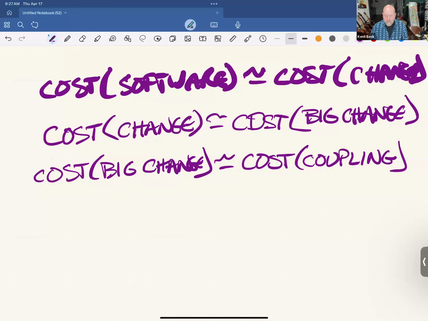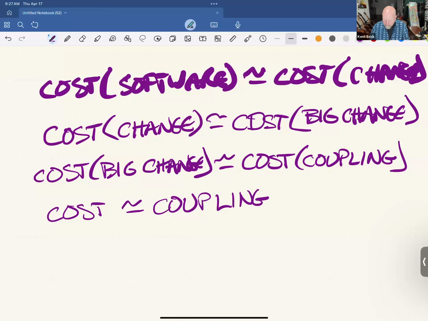And so what we have here is the cost is approximately equal to the coupling. And this is Constantine's equivalence. So if we want to manage the cost of software, we need to manage the coupling in the software. And coupling is this sense of, if I change this, I have to change those things too. So two elements are coupled.